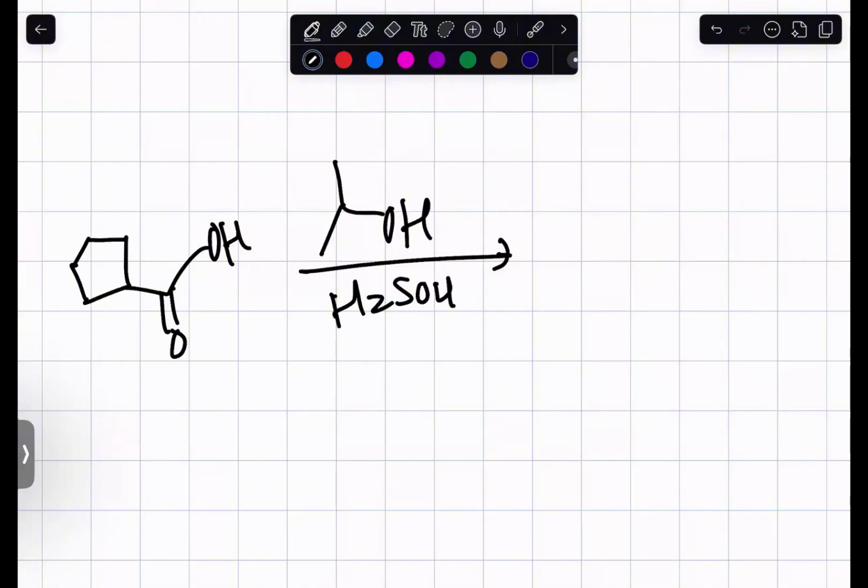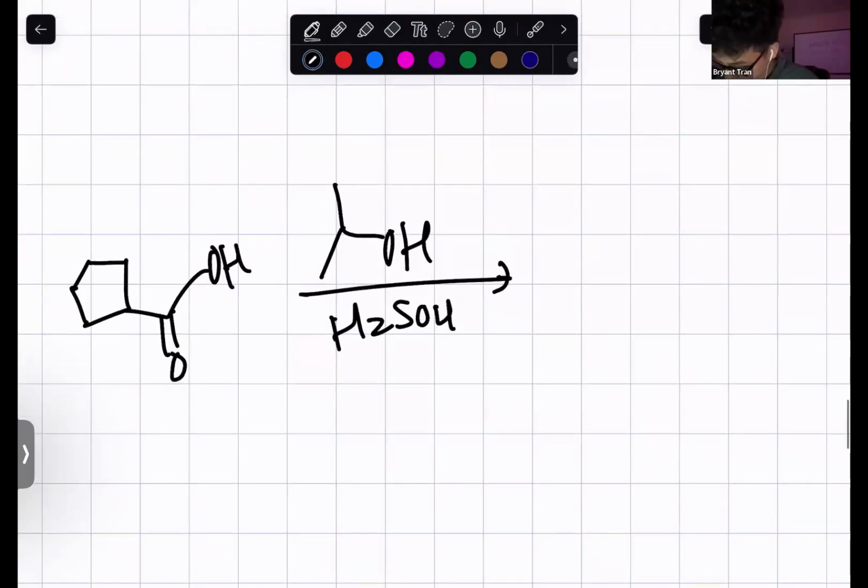So would we first use the... Wait, let me count real quick. I wanted to say we have to create the H2SO4 to be positively charged.